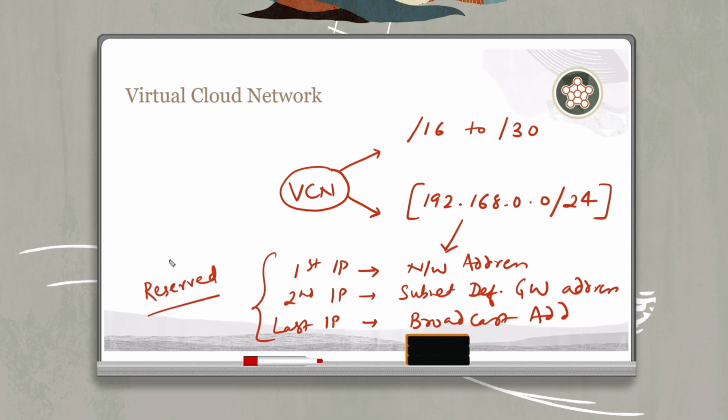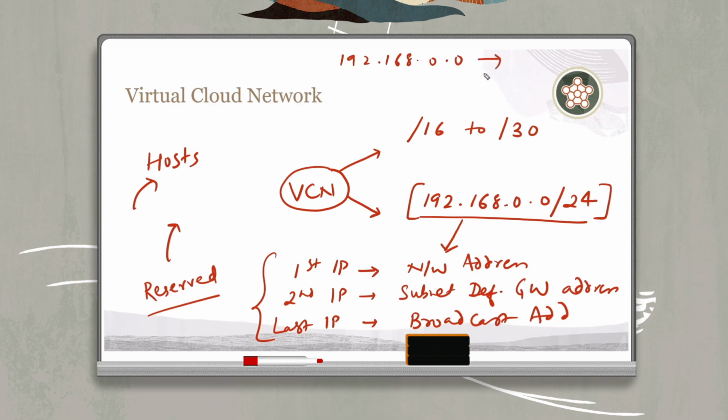And when I say reserved, this basically means that you cannot allocate them to the hosts. So the key takeaway from this discussion is the first two and the last IP address are going to be reserved. Now in this CIDR, can you guess what is going to be the first IP?